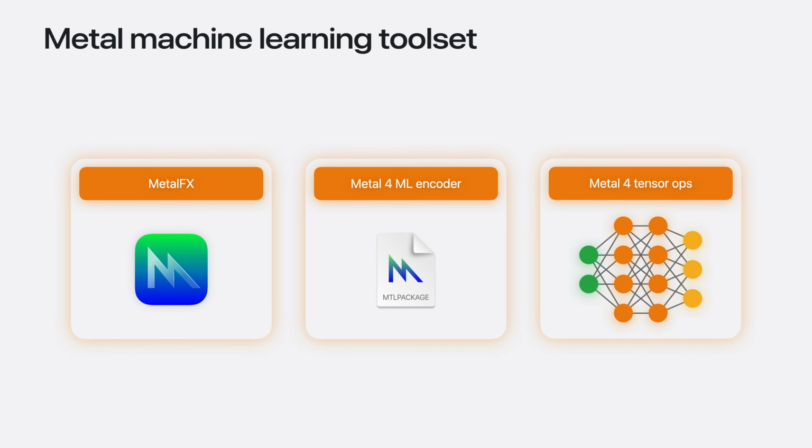And at the most flexible level, the tensorOps API provides the building blocks to design and run custom models directly in your shaders, enabling you to fully leverage the neural accelerator introduced in our M5 and A19 Pro Apple Silicon GPUs. Today, I'll talk about all these in turn.